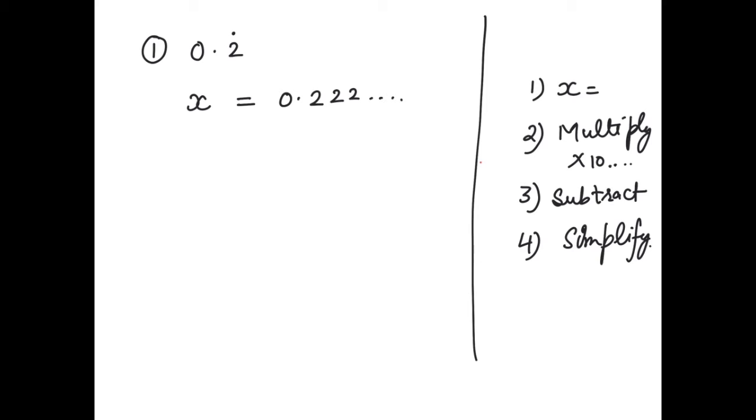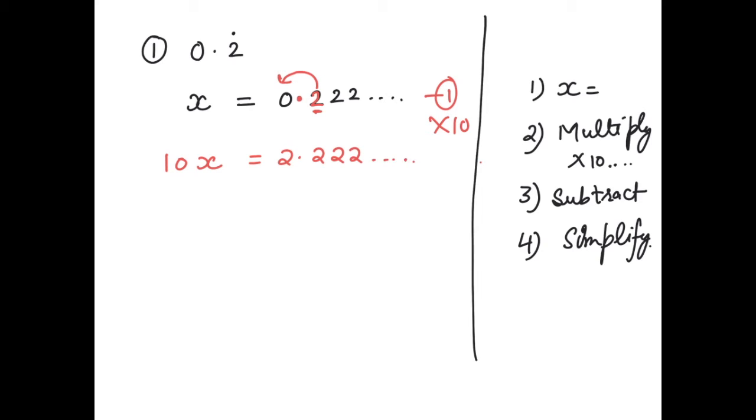Check after the decimal, after how many places it's repeating. After the decimal, it's the first number that repeats. So we multiply both sides by 10. We will get 10x, and multiplying by 10 moves one place before the decimal.